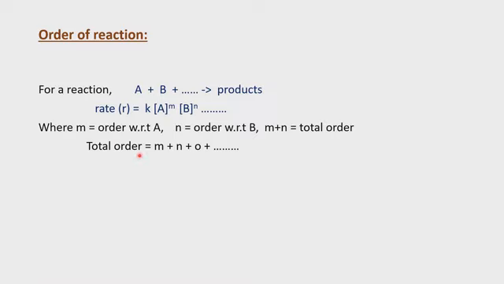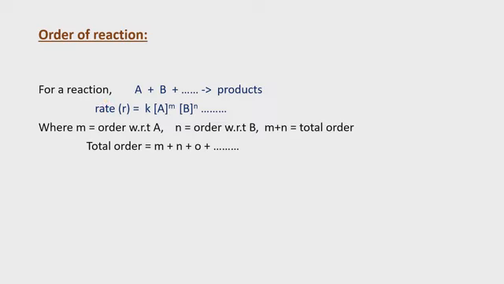So can you define the order of a reaction? Yes, we can. Simply, the order of a reaction is the sum of the powers of the concentrations of the reactants which are present in the rate equation.